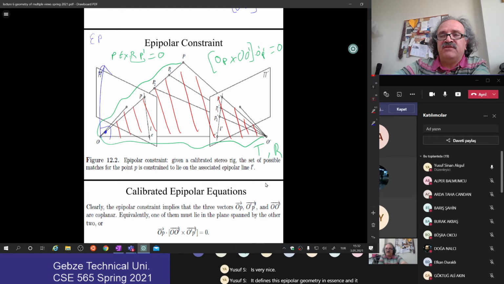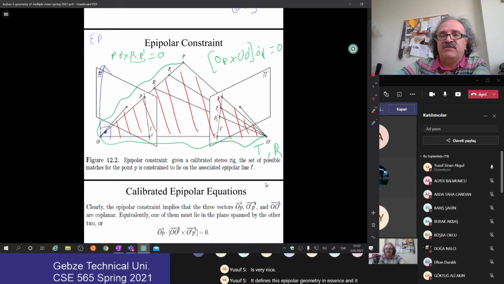If I take K minus T transpose inverse, the essential matrix, times K prime minus 1, this is again a 3 by 3 matrix called the fundamental matrix.